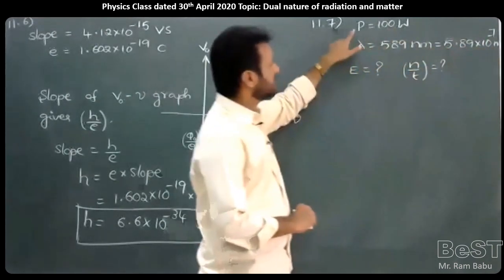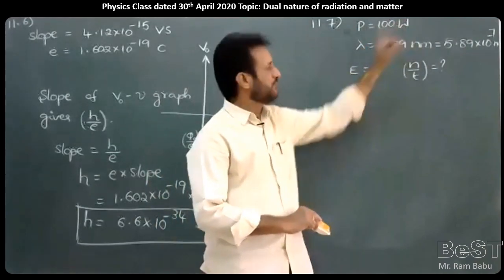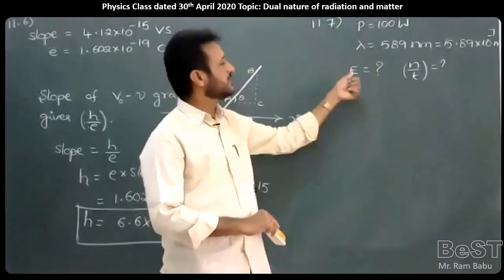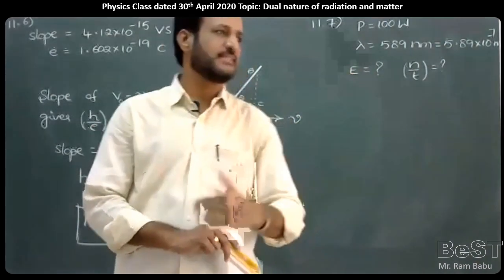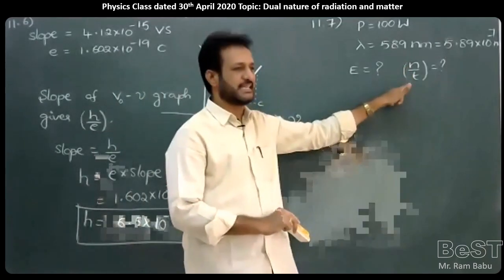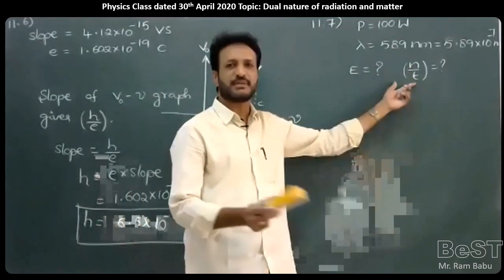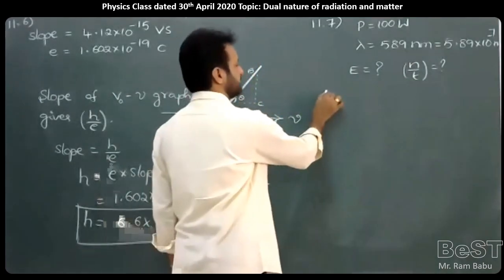The power of the sodium vapor lamp is 100 watt. First question: what is the energy of each photon. Second: how many photons are emitted per second, the rate of photons, means the number of photons emitted per unit time. We should calculate.